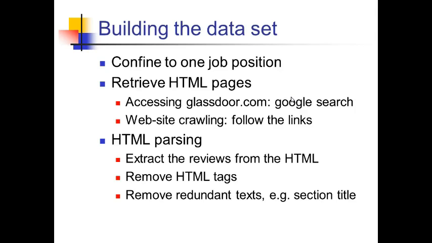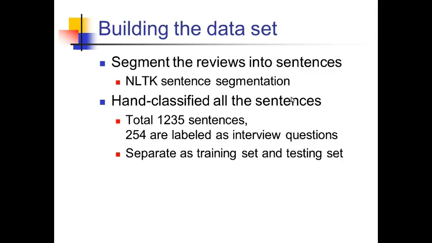And with all these HTML pages, I have to perform HTML parsing, which basically just extracts the reviews from the HTML, because there are other things such as ads and some other materials in the web page. And then I have to remove the HTML tags and remove redundant text, for example, the job description section titles.